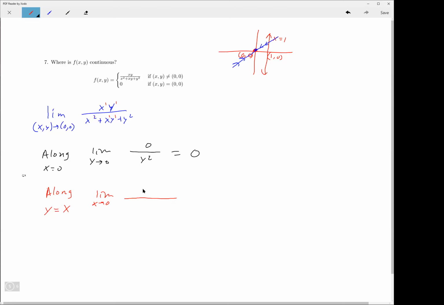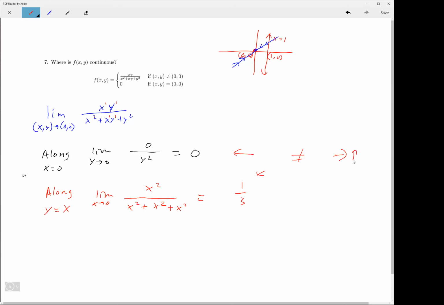And the numerator is going to be what? If we substitute this y for an x, then we'll have x times x, so x squared. This is still an x squared. This becomes x squared, and that becomes another x squared. So this is going to be 1/3, right? These are not equal, so that means the limit doesn't exist.